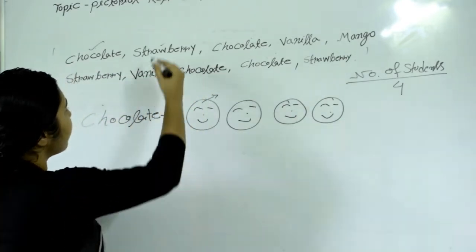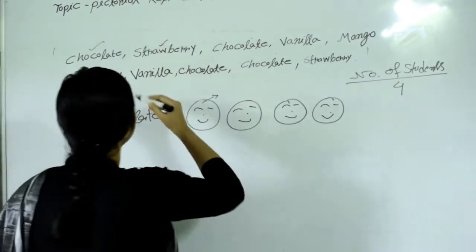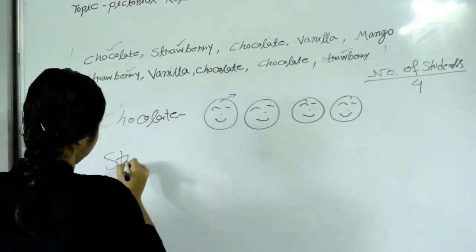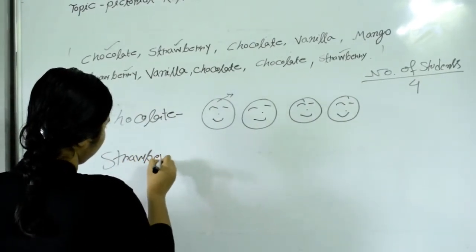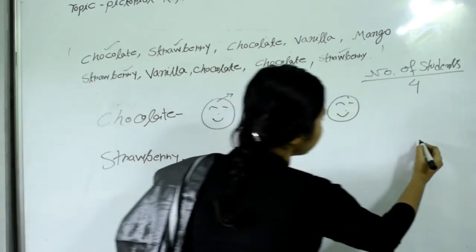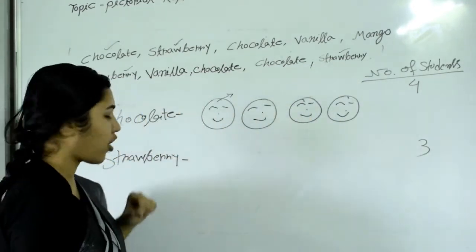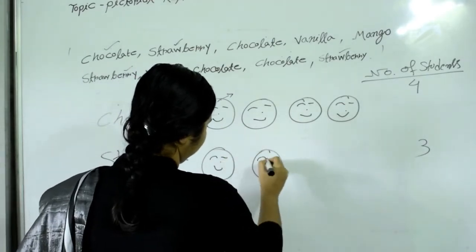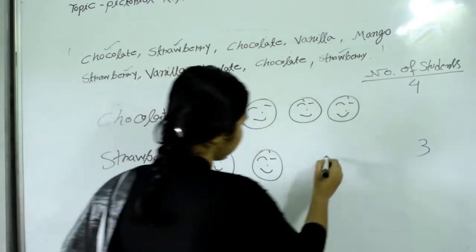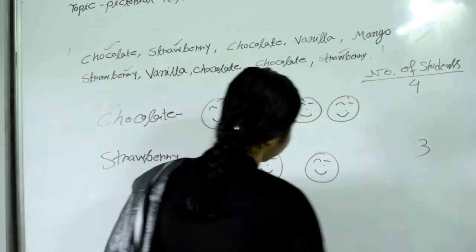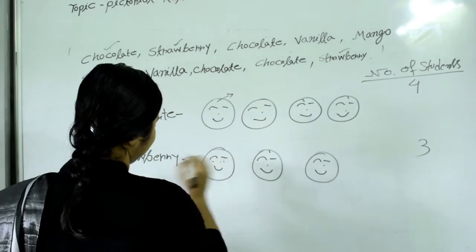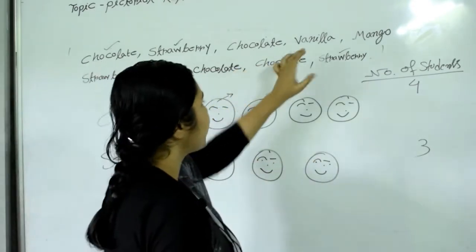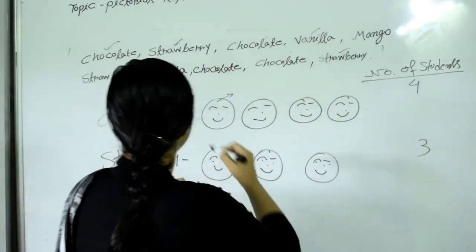Next count for strawberry. 1, 2, 3. So here 3 students like strawberry. Okay, so again represent one student by one face. Next count for vanilla. 1 and 2.